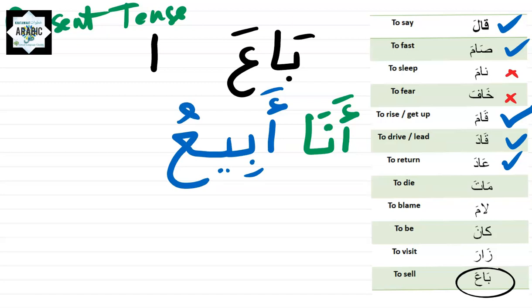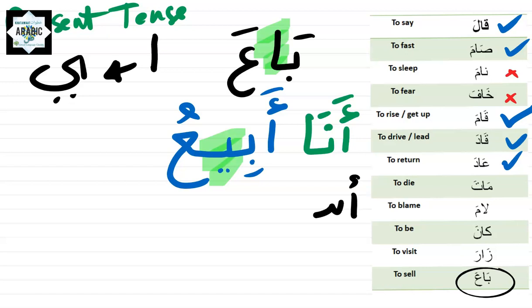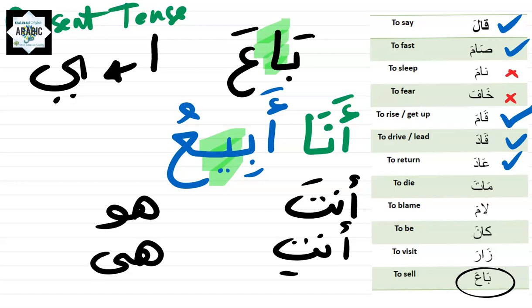As you can see, the alif over here became a ya in the second category. And then, like we said, you would go to أنت and أنتِ, هو, هي, verb conjugation in the present tense. All you have to do is determine the prefixes and suffixes.